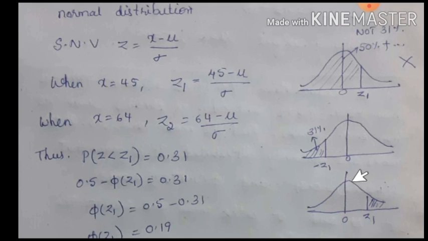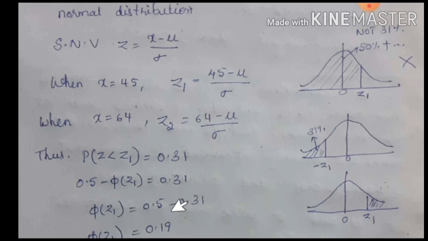Based on that, we write the probability of z less than z1 as the whole area on the right side of the z equal to 0 line, which is 0.5, minus the table value. From the normal table, I can find the area from z0 to z1, which is phi of z1. So 0.5 minus phi of z1 is 0.31. So what is phi of z1? 0.5 minus 0.31, it is 0.19.